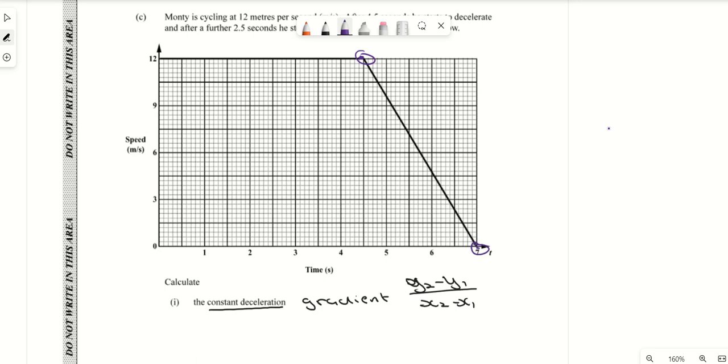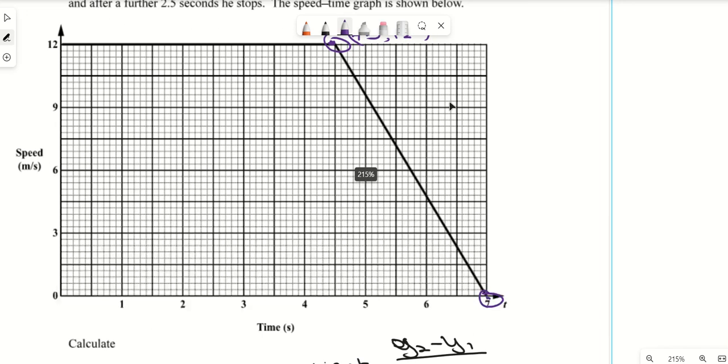So if we look at this, x is 4.5 and y is 12. That is this coordinate right on top here. If you want, I could zoom in, right?